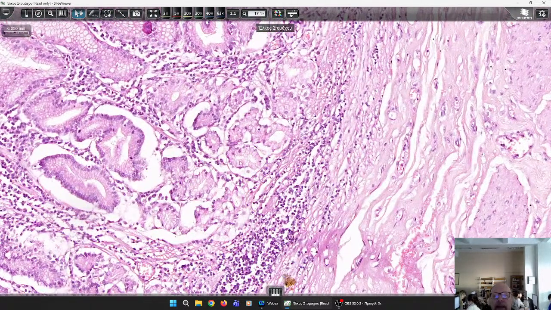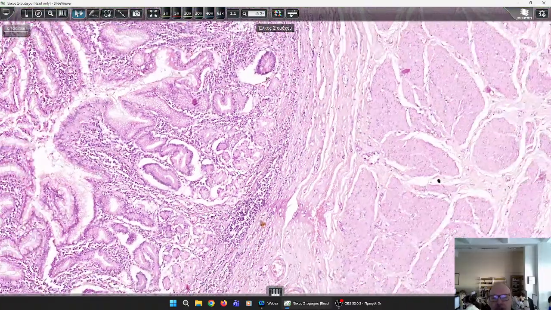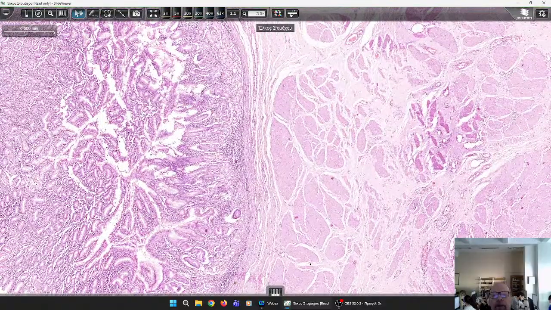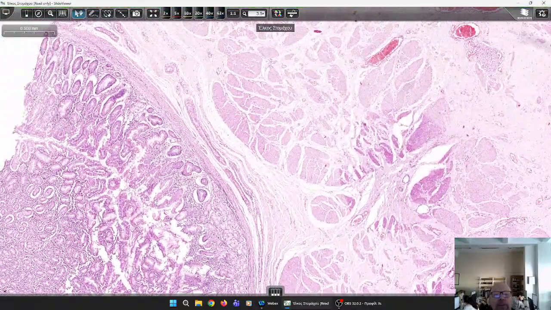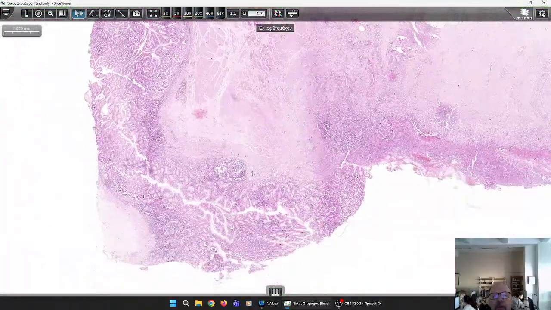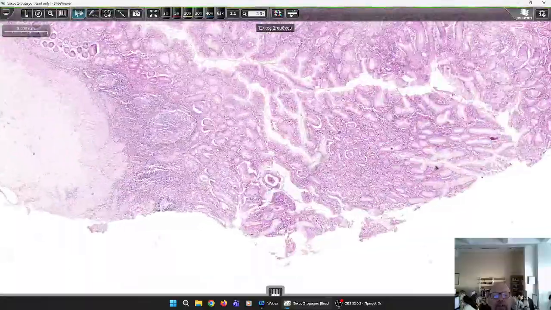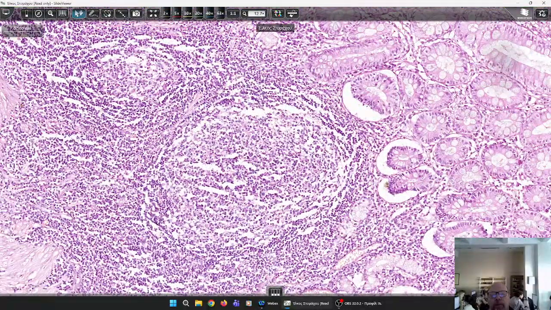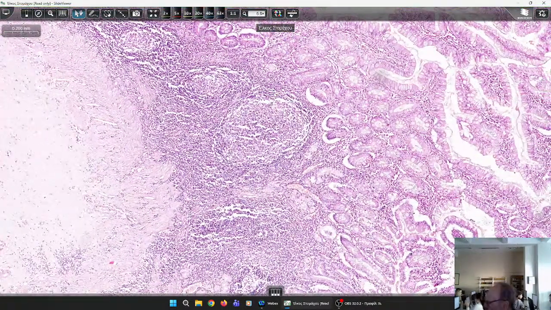These are pyloric type glands, so we are close to the duodenum in the pyloric antrum. And what else do we see here? Look, we have all these lymphoid follicles displacing the deep mucosa of the stomach, of the pylorus.